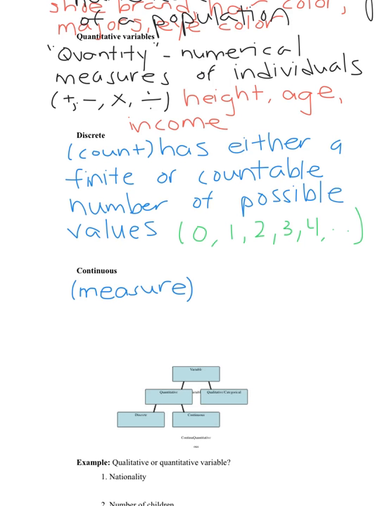You can measure to the nearest foot, inch, half inch, tenth of an inch, hundredth of an inch. So we can have an infinite amount because we can get more and more precise in our measurement. It has an infinite number of possibilities.